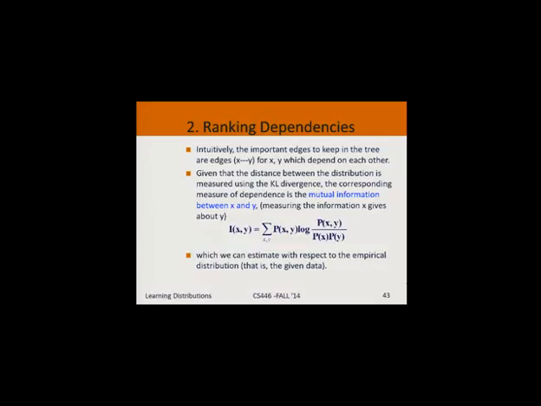So the mutual information between two random variables x, y is going to be the sum over all x, y of p of x, y log of p of x, y over p of x times p of y. So essentially, you can think about it as the expectation over P of this ratio. Given data, we'll be able to estimate this quantity, the mutual information between x and y.